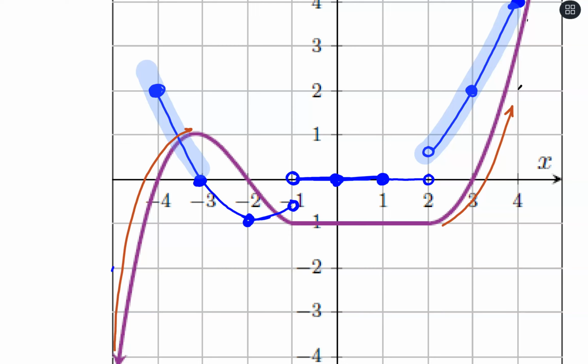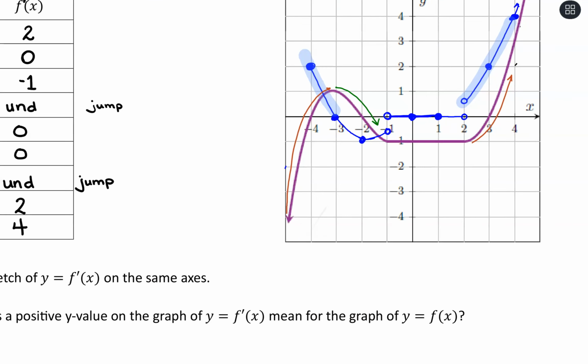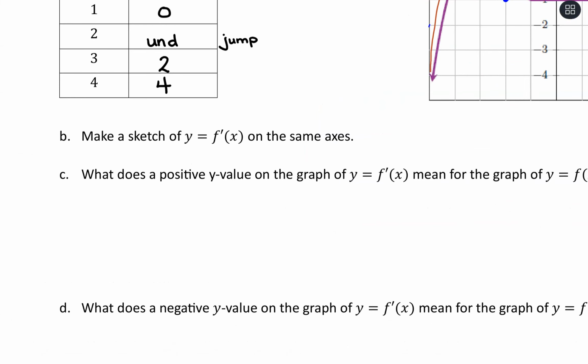We have spots where we're increasing, we have a spot where we're decreasing, and then we have this spot right here where we're just flat, which means it's constant. So we have these 3 pieces, and when our derivative is positive, those are spots where f of x, our original function, is increasing.